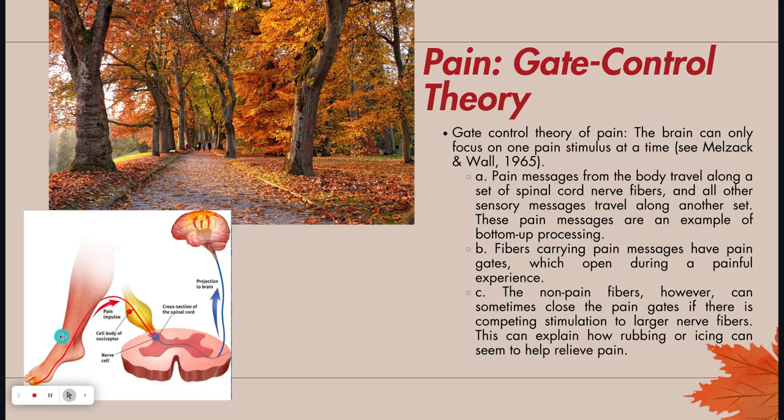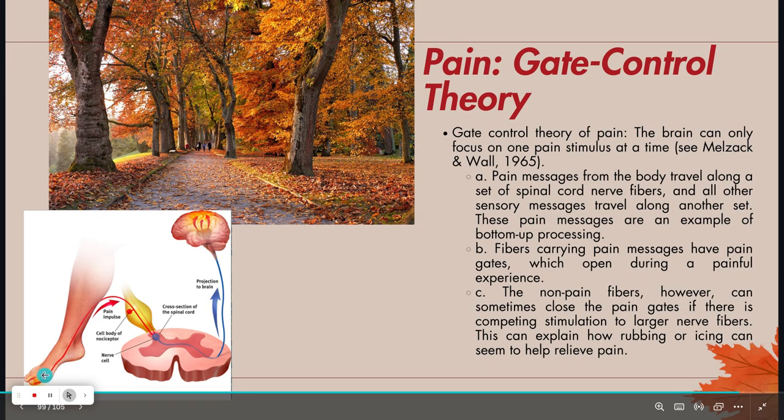Pain messages from the body travel along these spinal cord nerve fibers, and all other sensory messages travel along another set. This means that pain messages are an example of bottom up processing because we have to feel all these individual sense receptors.